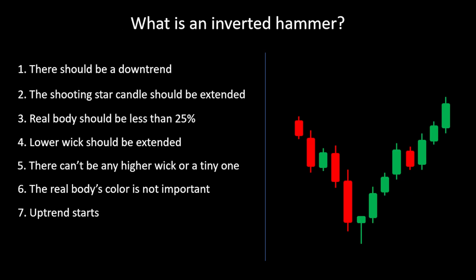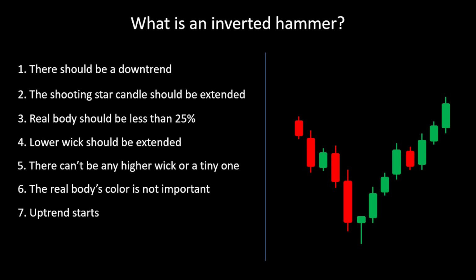Alright, now let's move on to today's second pattern. Second pattern is inverted hammer. For this pattern, first there should be a downtrend and the inverted hammer candle should be extended. The real body should be around 25% to 50%.